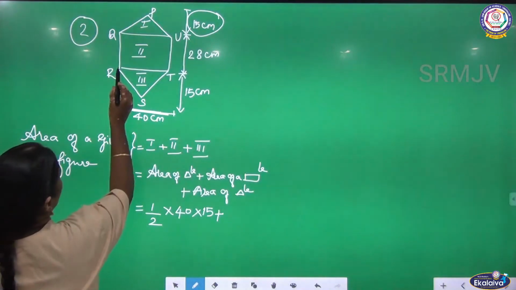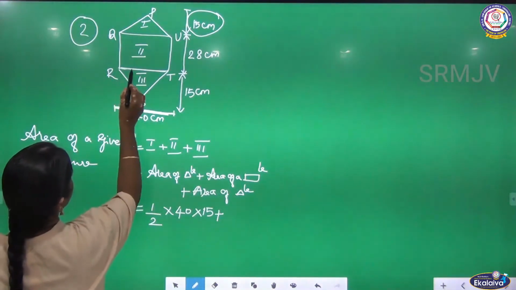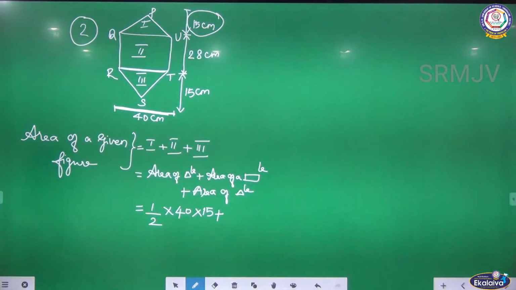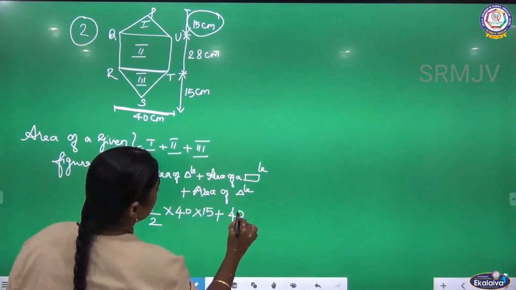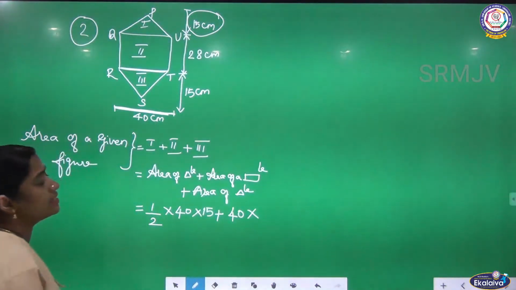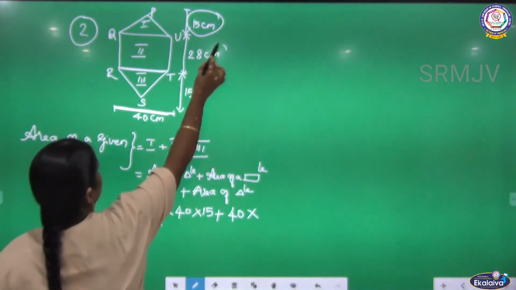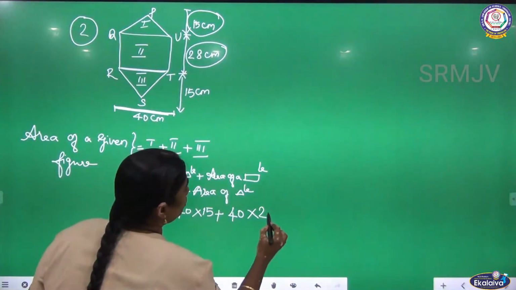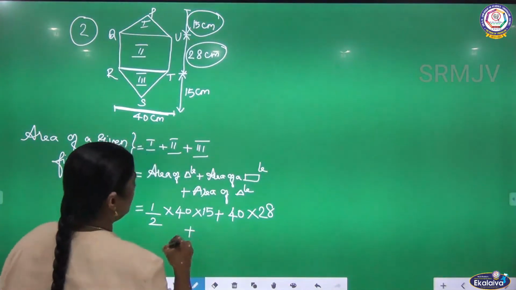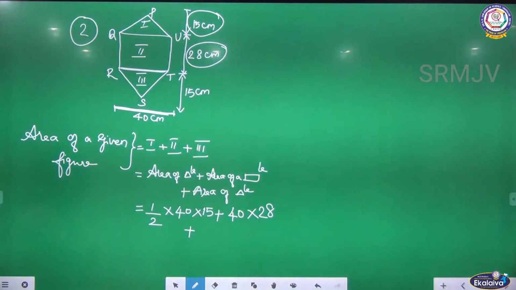Plus area of a rectangle formula, length into breadth. What is the length? If this base is 40 centimeter, this is also obviously 40 centimeter. So the length is 40 centimeter into what is the breadth given here? 28 centimeter. So this is the breadth. So into 28 plus again area of a triangle.